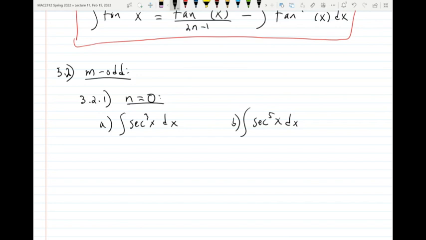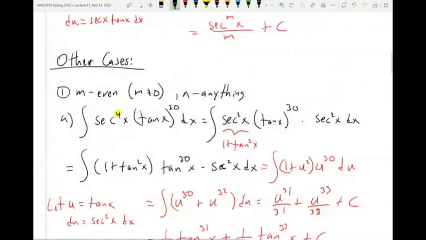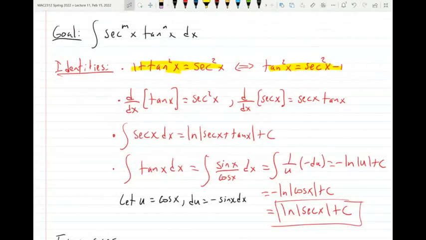What's the integral of secant? No, that's a derivative. Be careful. What's the integral of secant? ln of the absolute value of secant plus tangent. Remember, I told you to remember that integral. Integral of secant is ln of absolute value of secant plus tangent.